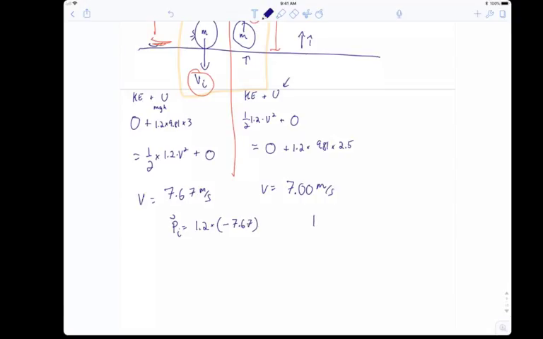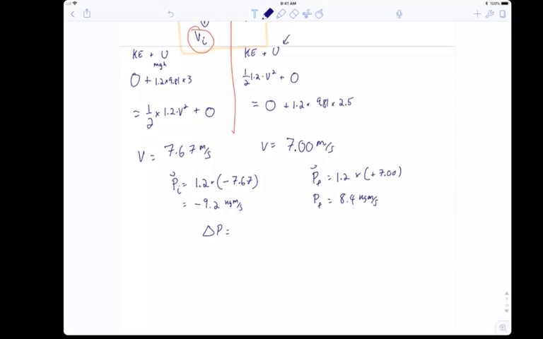The final momentum is the mass times the final velocity, plus 7.00. So the initial momentum is 7.67 times 1.2, minus 9.2 kilogram meters per second. And P final is 7 times 1.2, 8.4 kilogram meters per second.